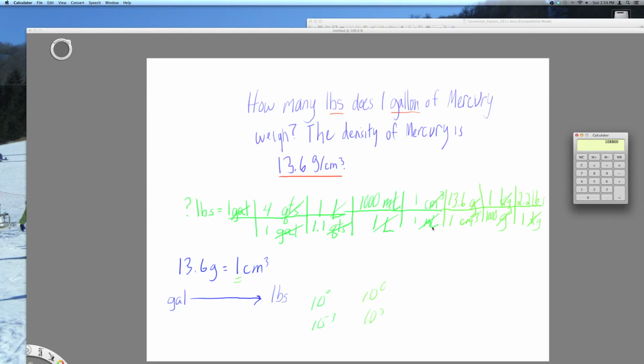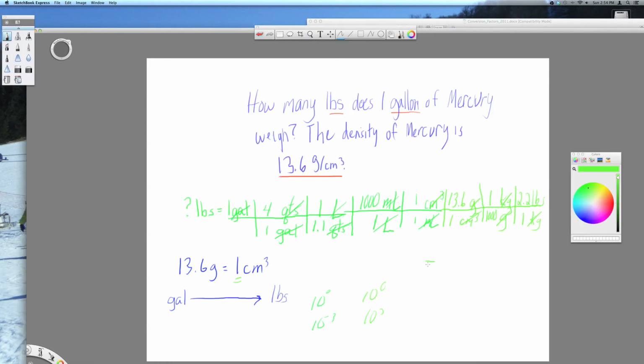And we're dividing that by 1,000. And I end up with 108.8 pounds. That's not rounded yet though.